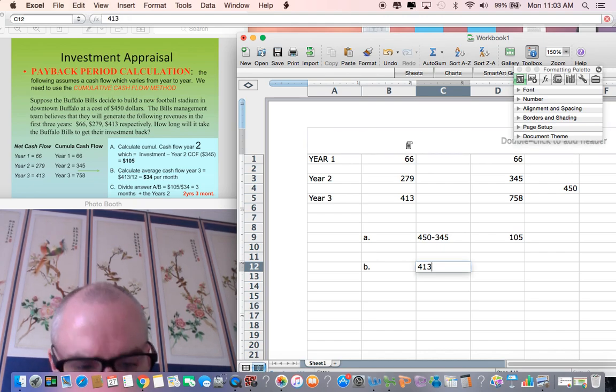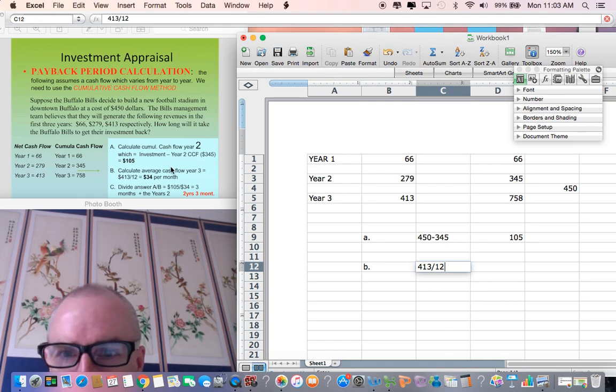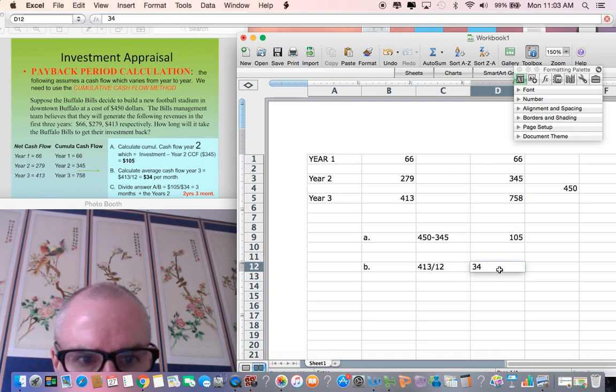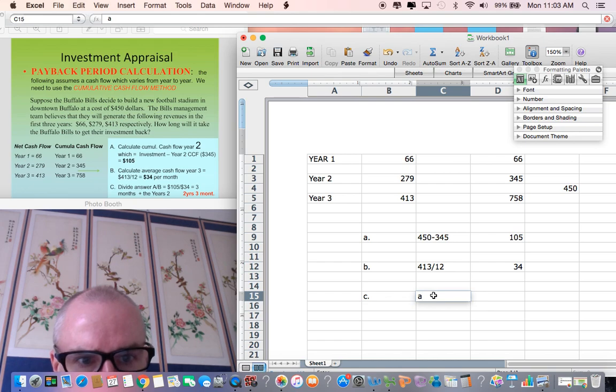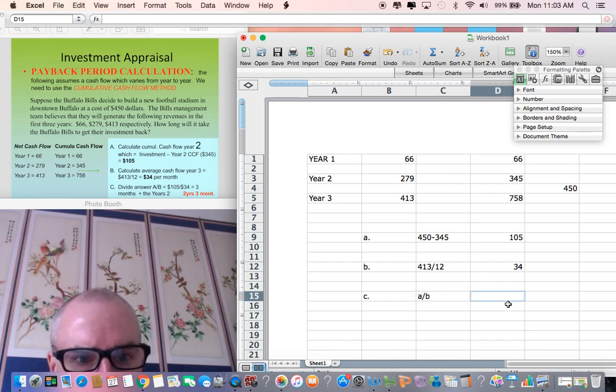Sorry, 413 divided by 12. Following the example, that'll give me 34. Letter C. You take your answer from A and divide it by your answer from B, and you get somewhere in 3 months.